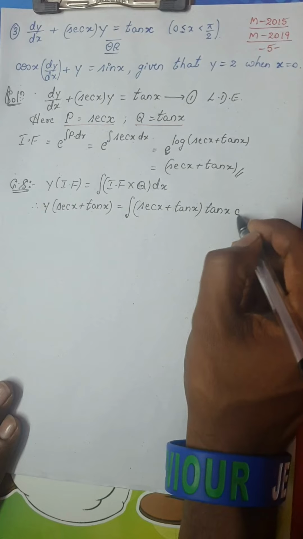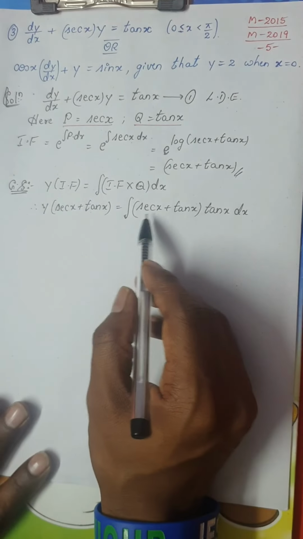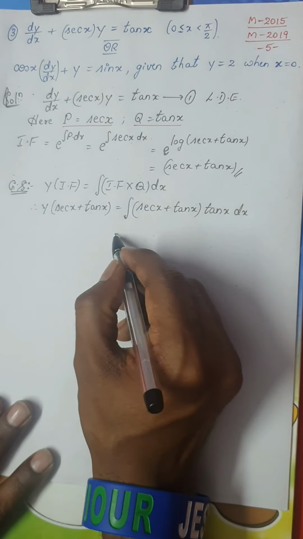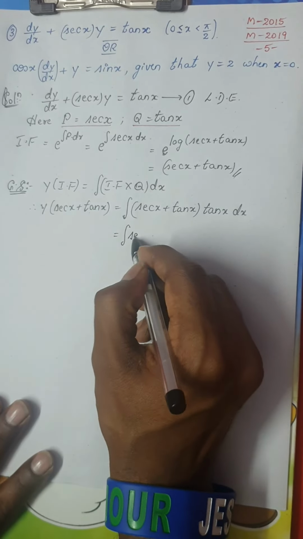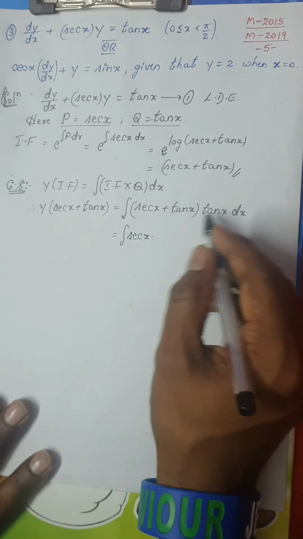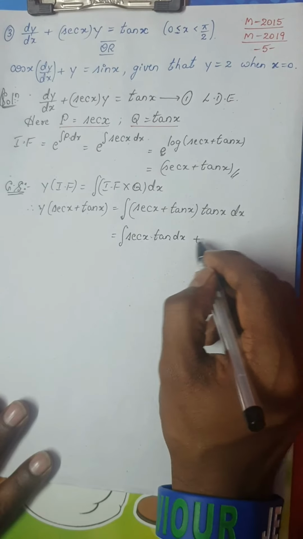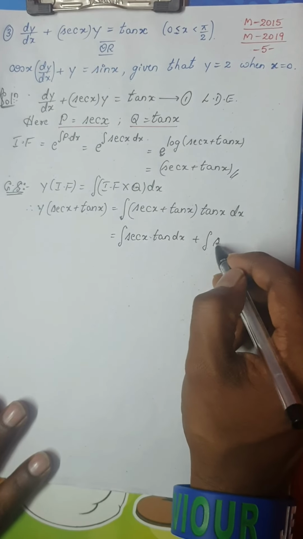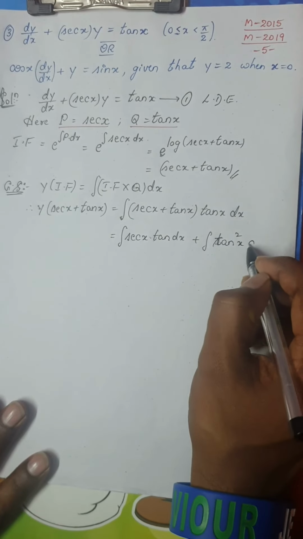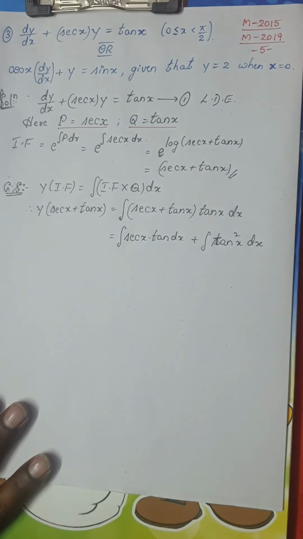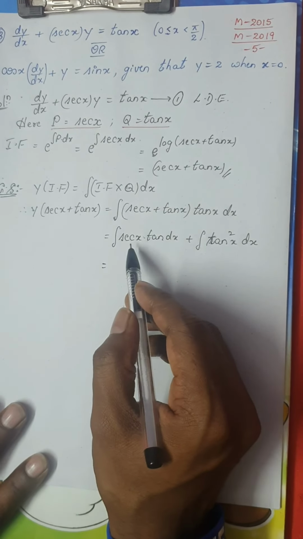Q is tan x dx. I hope you have seen this integral already in the chapter of integration. Let me split up the integrals now. So this would be integral of secant x into tan x dx plus integral of tan into tan, which would be tan square x dx. Now this is the standard integral.